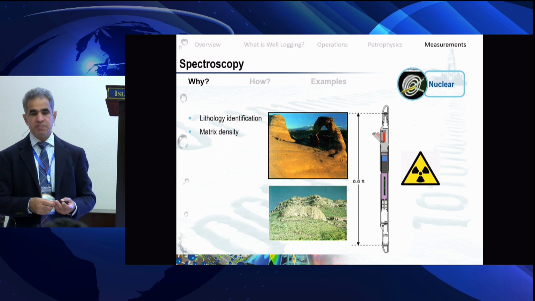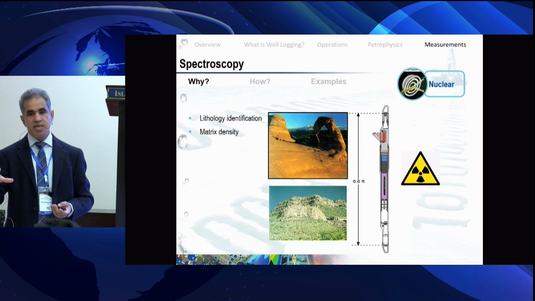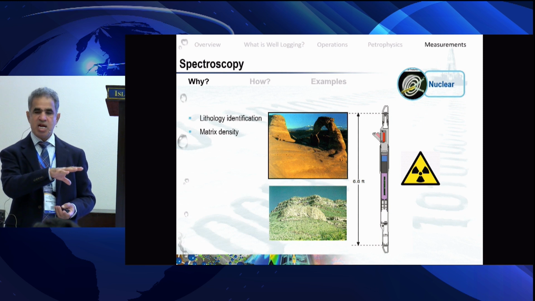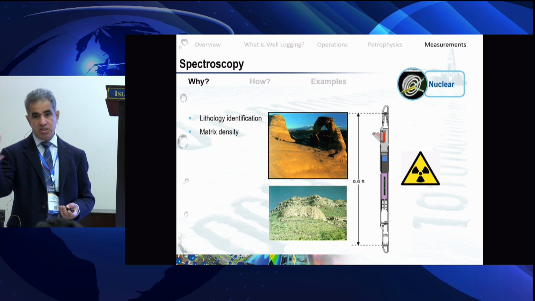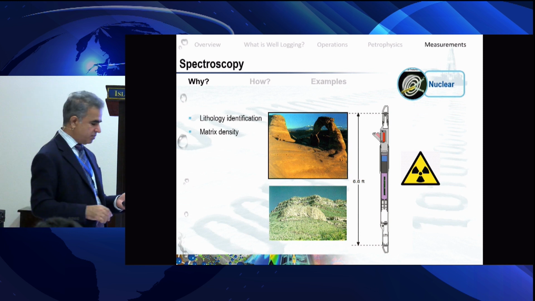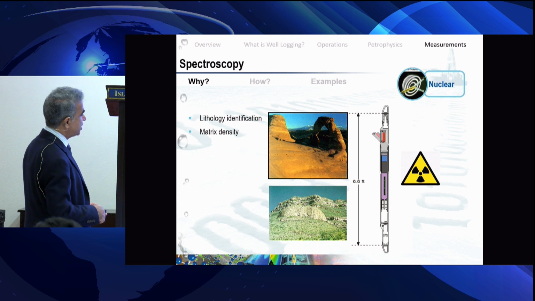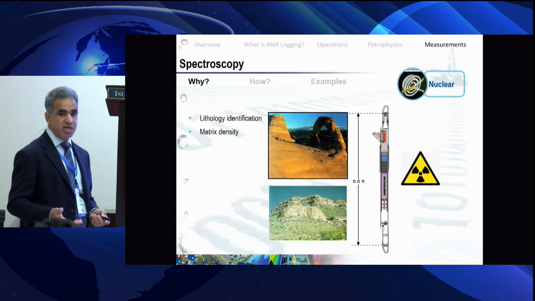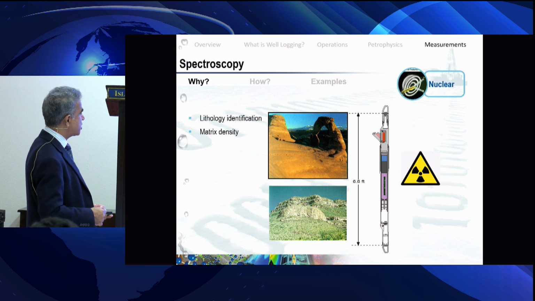Nature is not so simple. Then you need to fix your mineralogy first to get the right porosity, because if you assume it's a sandstone, but actually it's a limestone, you use the wrong grain density to compute porosity. That's why mineralogy is very important. So it means we need some extra measurements, not the density-neutron only, so we can find out the matrix density.